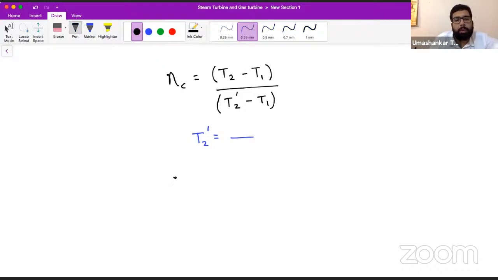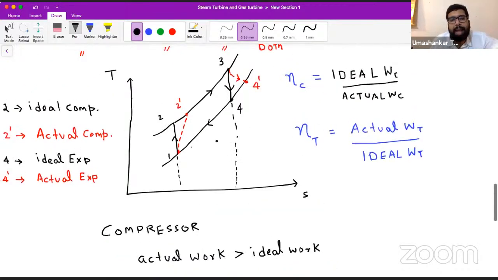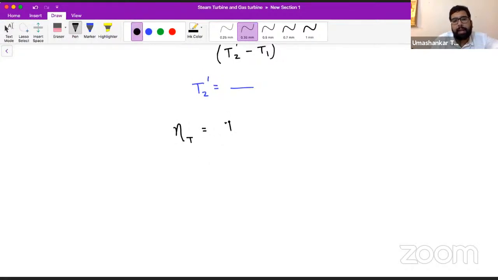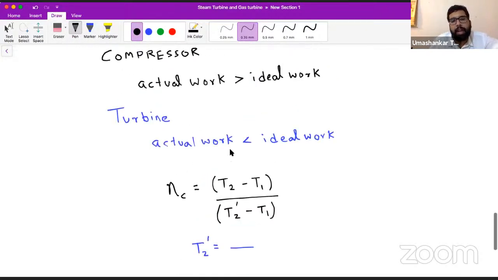Similarly, if we talk about the turbine, we can write the enthalpy difference. But as we are talking about the gas cycle, we can directly write. Now here it will be actual by ideal. So what is the actual work we are getting?